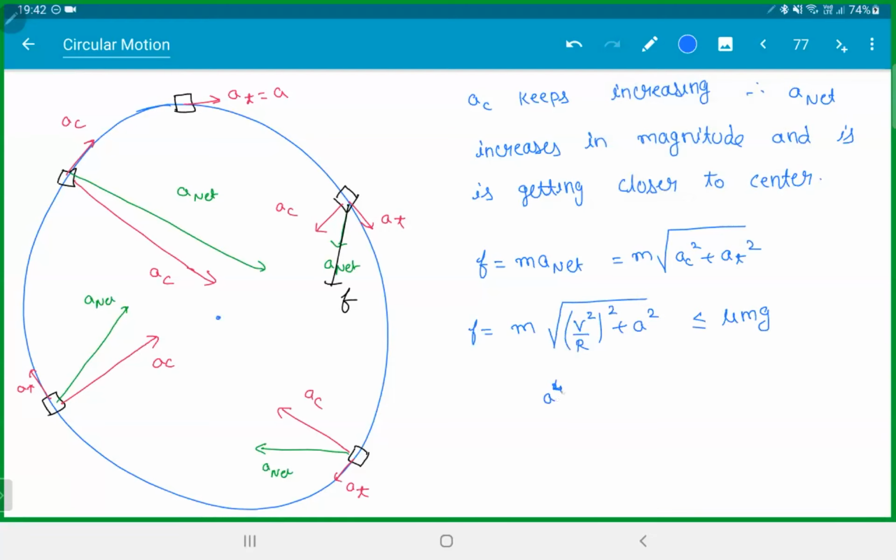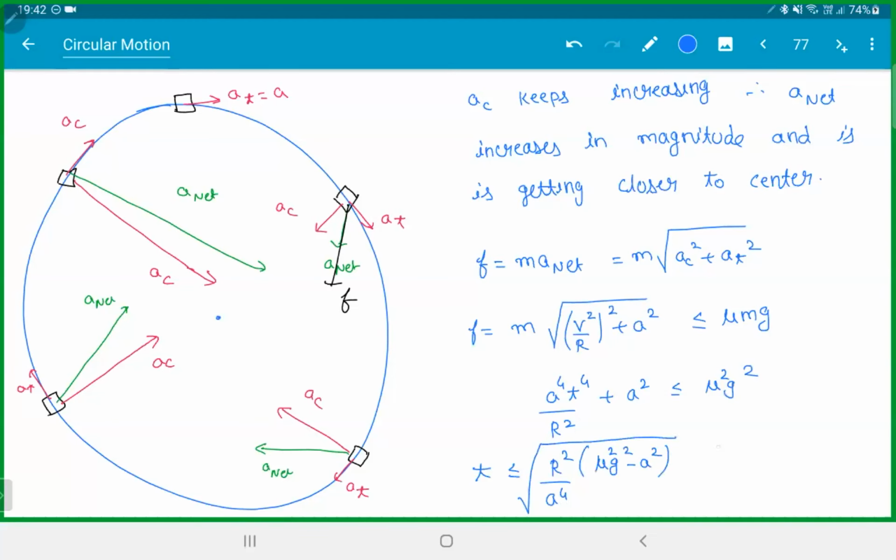it will be a power 4, v power 4 by r square, plus a square is less than equal to mu square g square. We get time is less than equal to, up to this time it is safe.